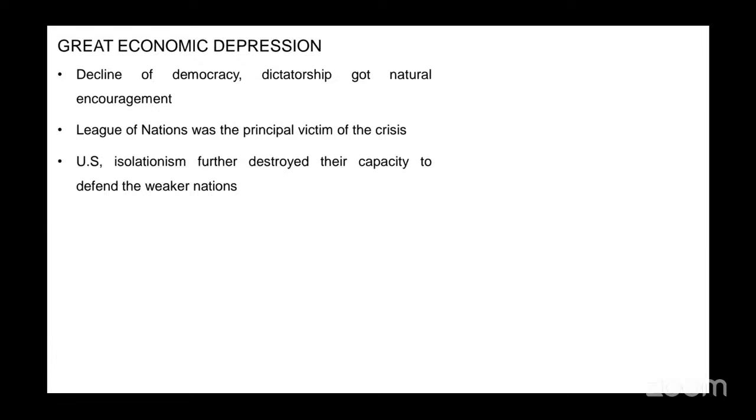So in view of that, the protection that it was giving to the smaller nations to develop themselves was no longer there, so their capacity to defend weaker nations was destroyed.